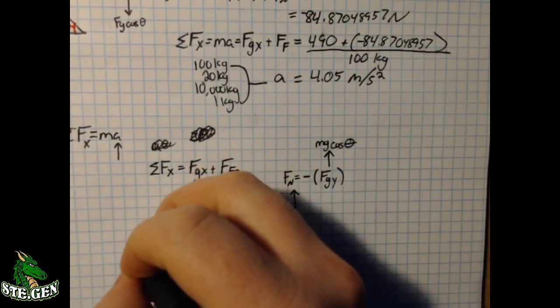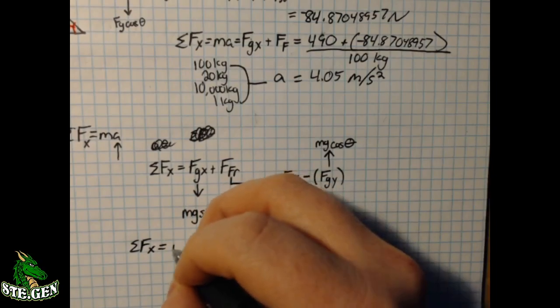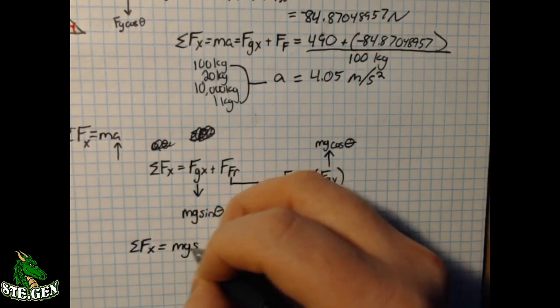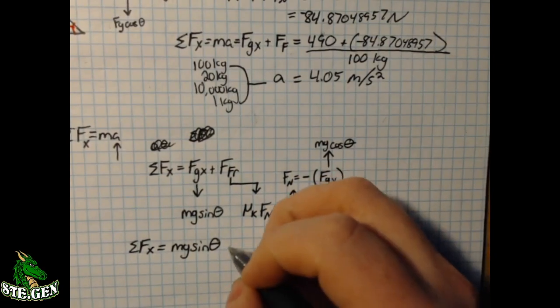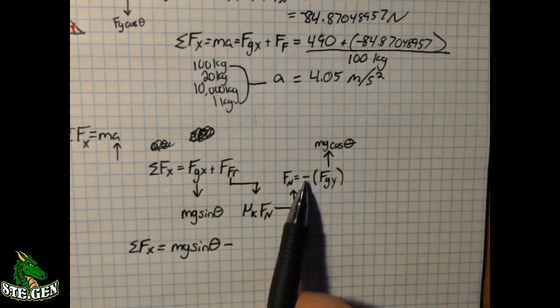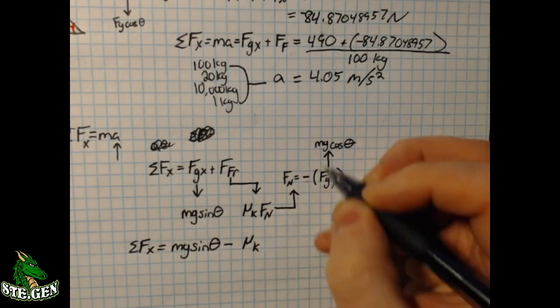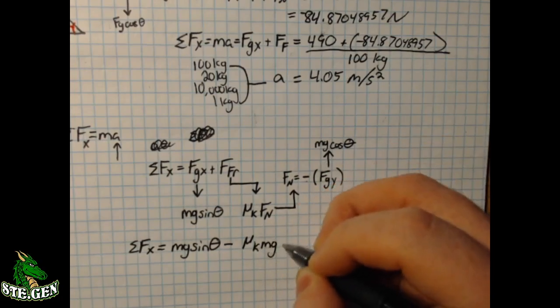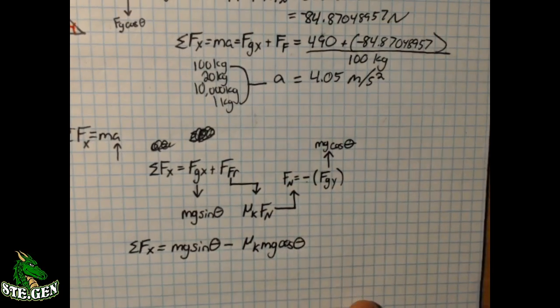So if we were to backtrack and re-plug all of these things into this equation, the sum of the forces in the x direction is equal to mg sine theta minus, because of this negative right here, minus mu k mg cosine theta.